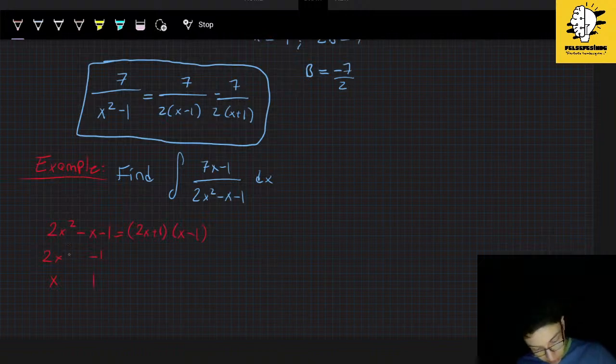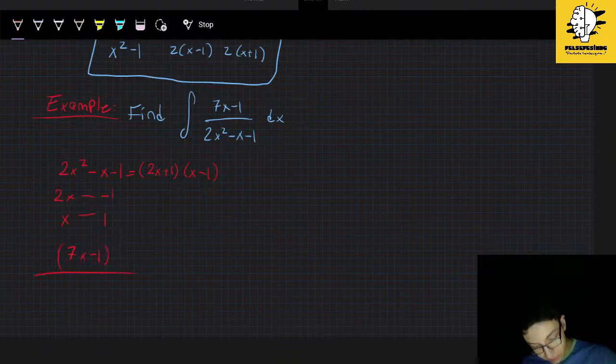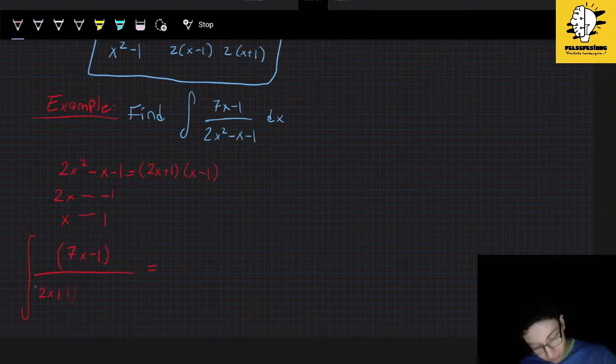Now I want to write 7x minus 1 over 2x squared minus x minus 1 in partial fractions form to make it much easier, because I have the feeling that my answer is going to the ln function. As I write it in the partial fraction form, I will have an ln function, since it is in fraction form. 2x plus 1 and x minus 1.